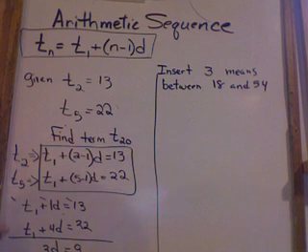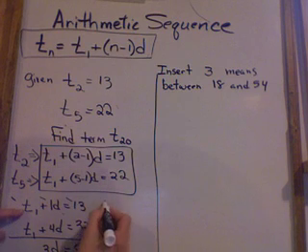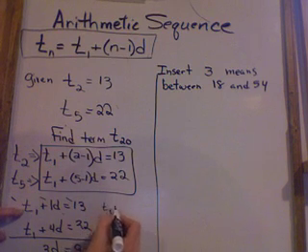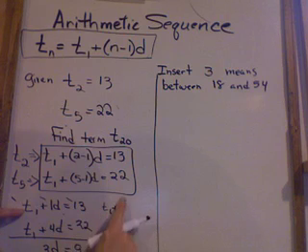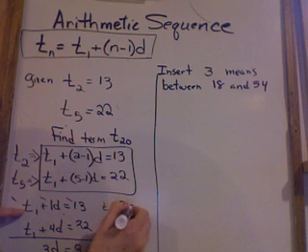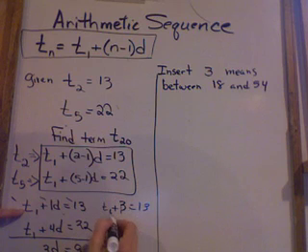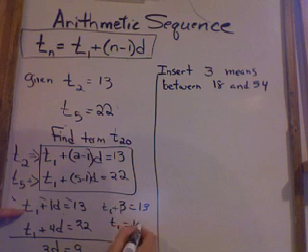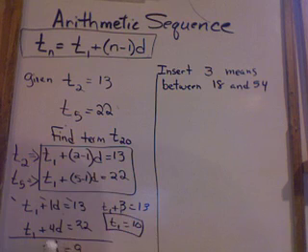Once I have d, I can go back and try and find T1. So let's take this original. T1 plus 1d, which now is 3, equals 13. So T1 equals 10. Now I have T1 and d. So I could solve for T20. First of all, I'm going to write an equation for this sequence.